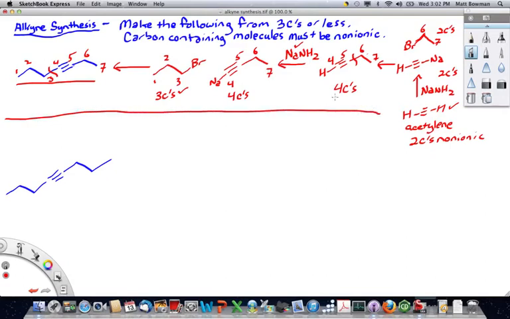Now, we could have done it another way. We could have also made this molecule, instead of splitting at the 3-4 bond, by splitting it at the 5-6 bond.